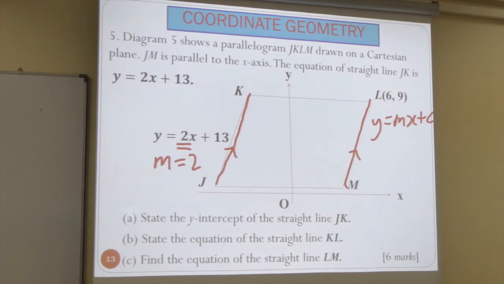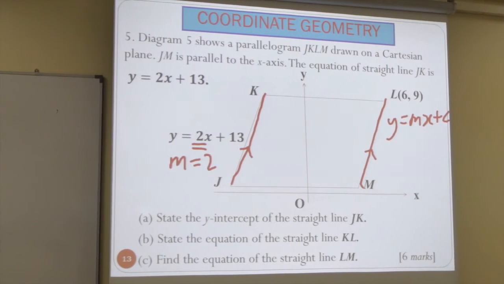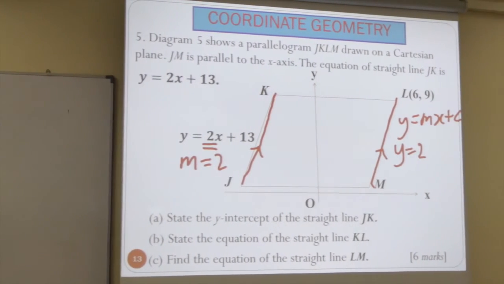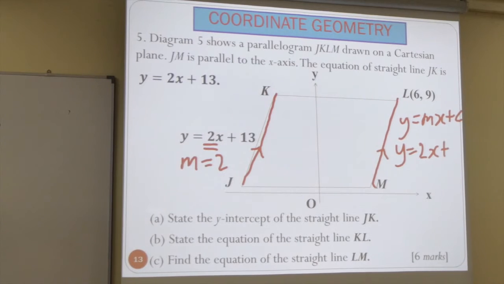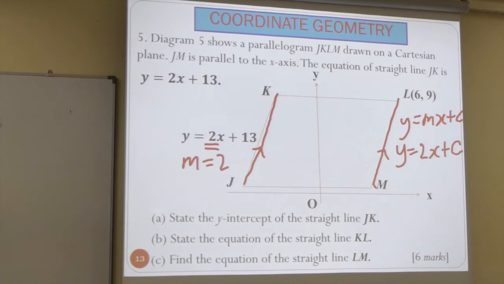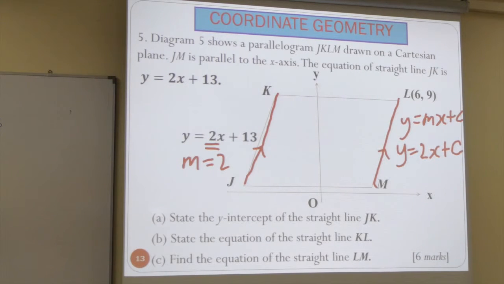And do you think that this m is also 2? Same answer? Yes. So you get y equals 2x plus c. See? Almost ready. So what do you think that you need to find now? The x and y, you don't need to find because it's an equation. So all you need to find is the c.